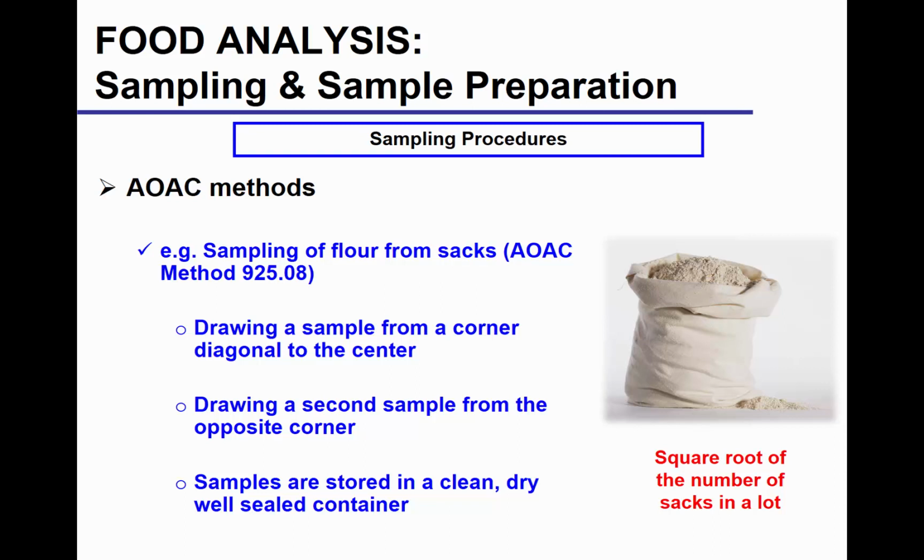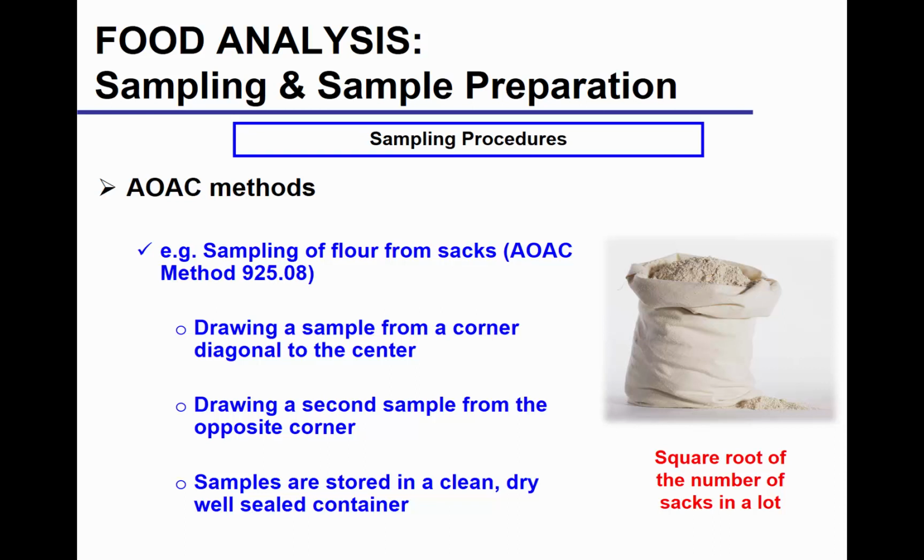Each sack is 40 pounds, 100 pounds, whatever the sack is. You want to select, not all of them, but a number of these sacks for testing. The rule here is you take the square root of the number of sacks in the lot. So if you have 100, you select 10.